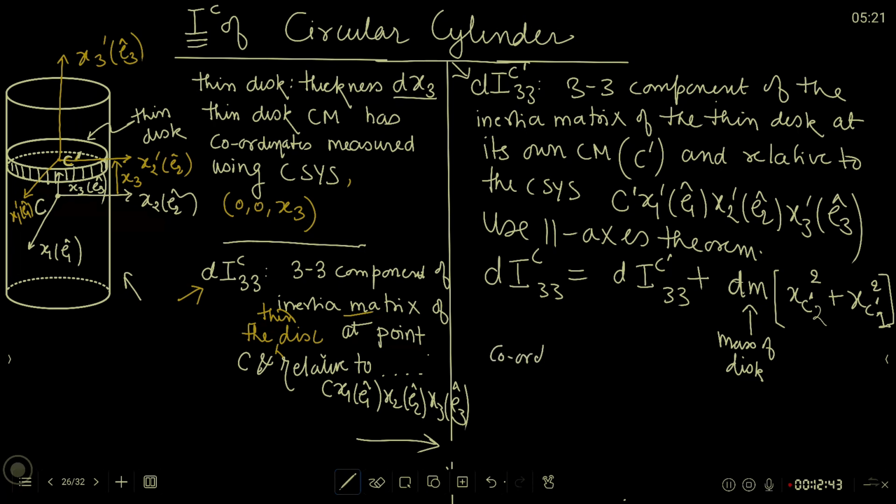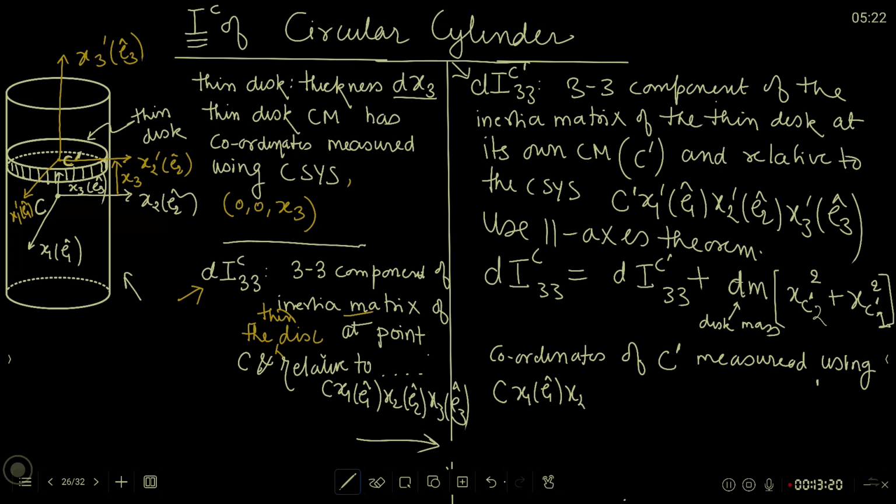Coordinates of C prime, I'm making some space to write coordinates of C prime measured using the coordinate system Cx1e1 that I denote as x C prime 1, x C prime 2, x C prime 3.